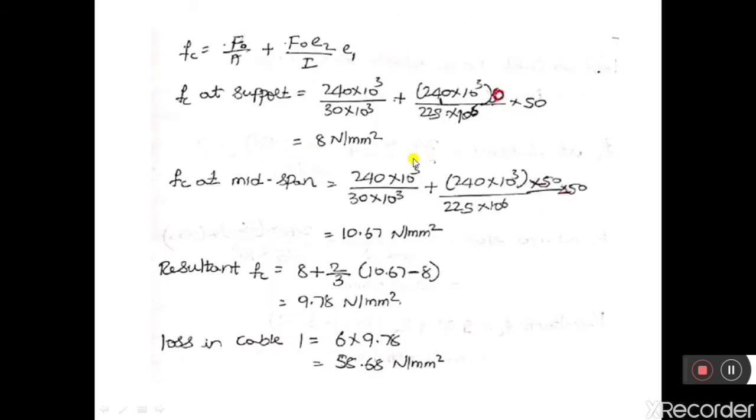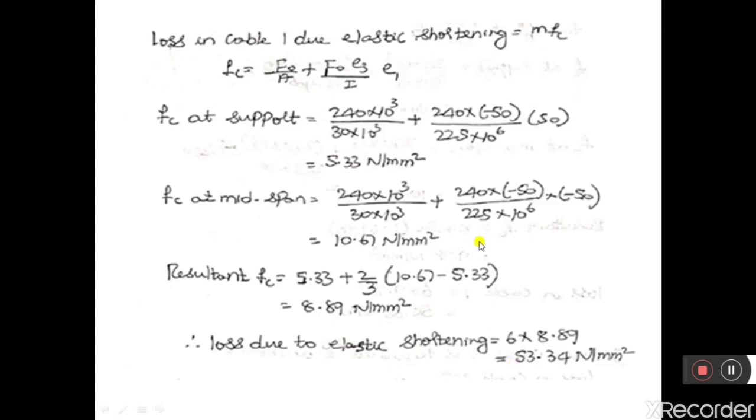So substitute these values. Minus 50 and minus 50, e3 and e1, you will get compressive stresses in the concrete due to eccentricity at midspan equal to 10.6 Newton per mm square.